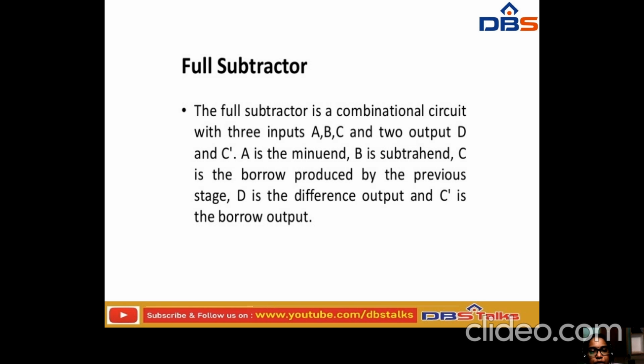So the full subtractor is the combinational circuit with 3 inputs A, B, C and 2 outputs D and C. We can say A is the minuend, B is the subtrahend, C is the borrow produced by the previous stage, D is the difference output and C is the borrow output.